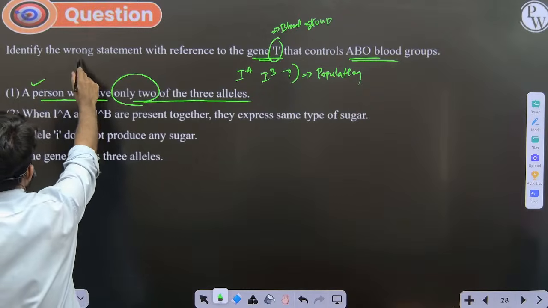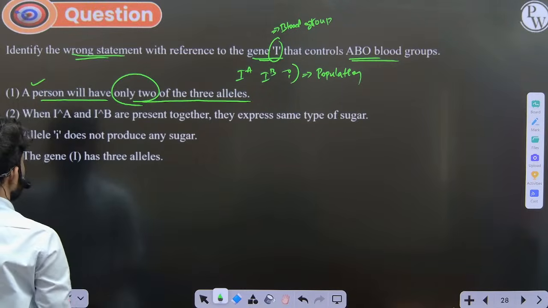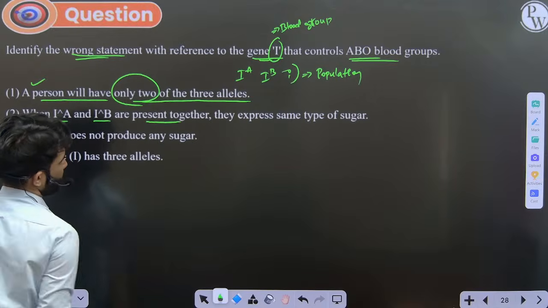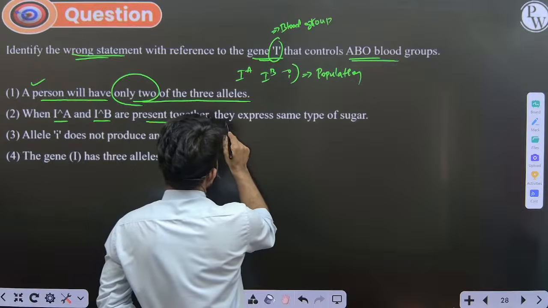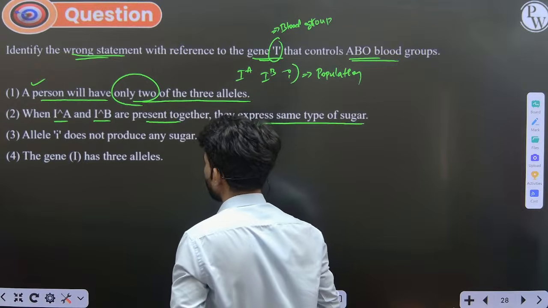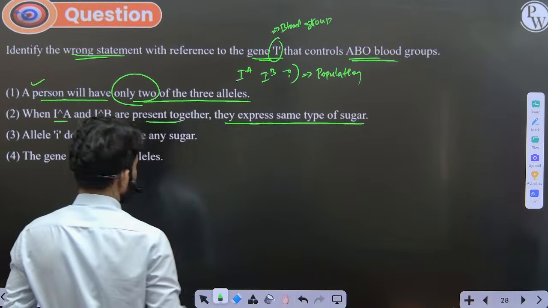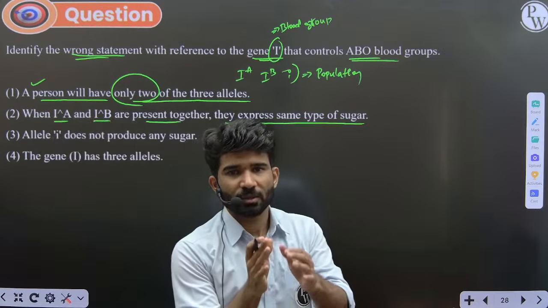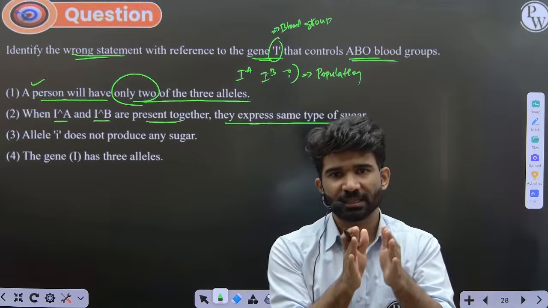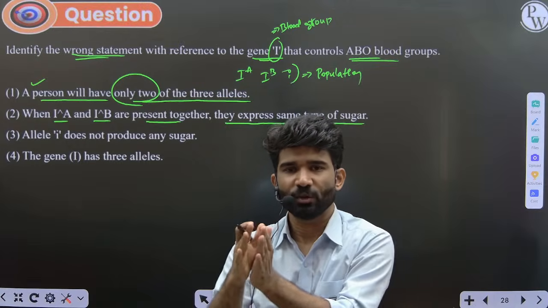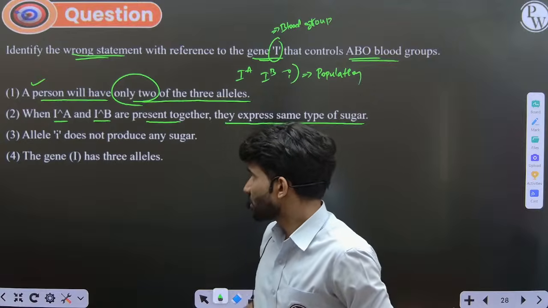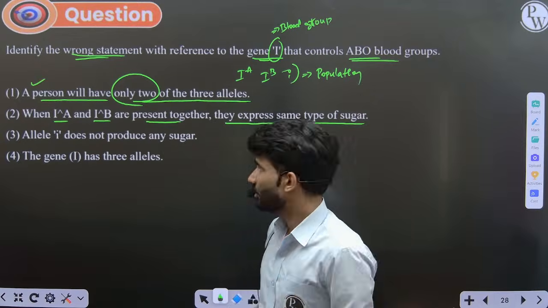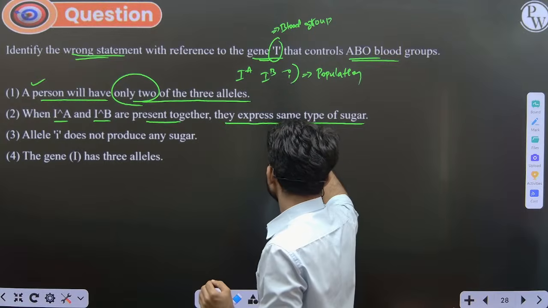What you have to identify again: when IA and IB are present together, they express the same type of sugar. Right or wrong? Is it true? The A group has antigen A. The B group has antigen B. What they are saying is, when IA and IB are present together, the AB blood group, they express the same type of sugar.